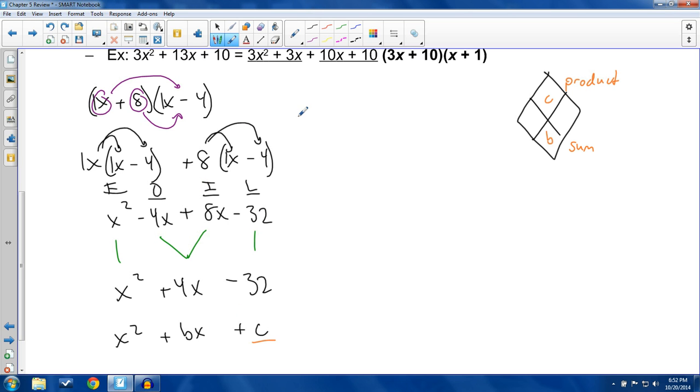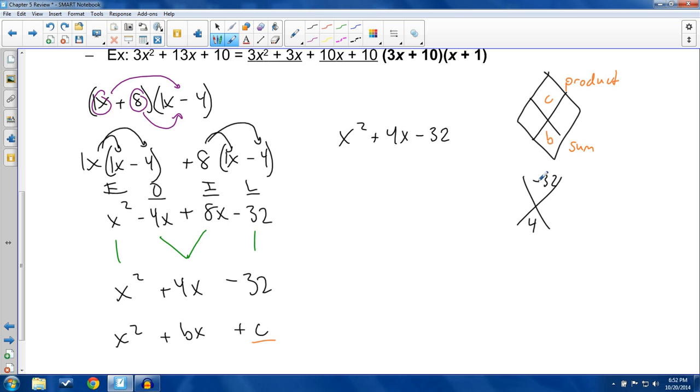Anyway, if we were to go backwards, we have x squared plus 4x minus 32. And we want to find what two numbers multiply to negative 32 and add to 4. With negative 32, an important thing to know is this number is negative.